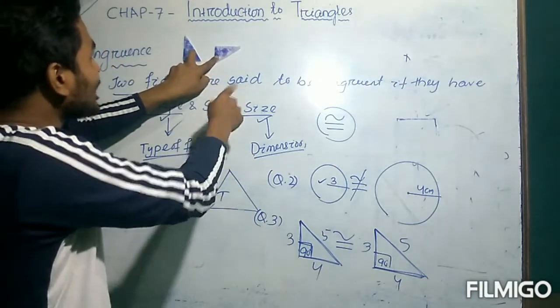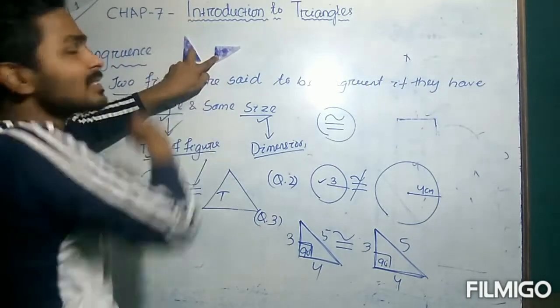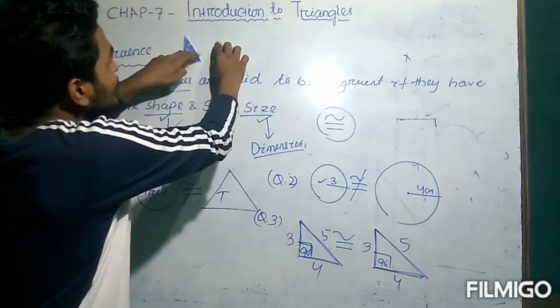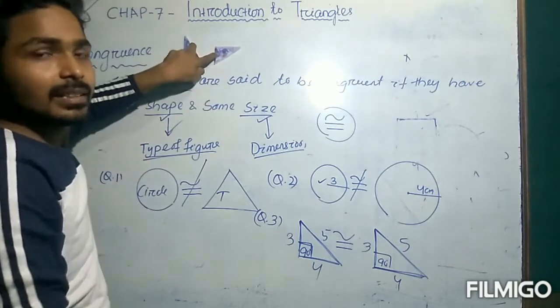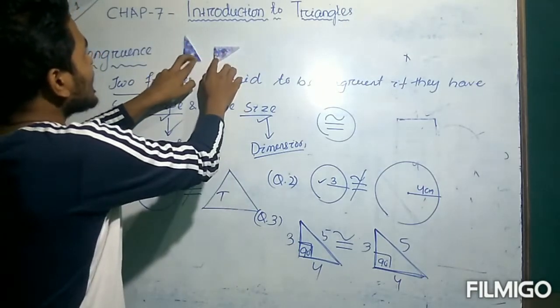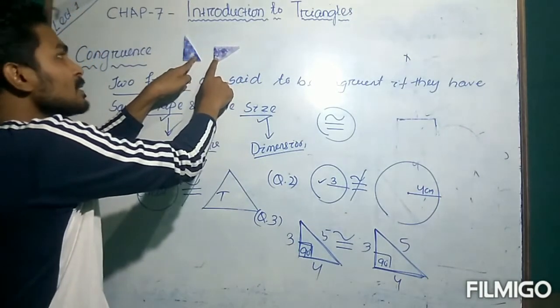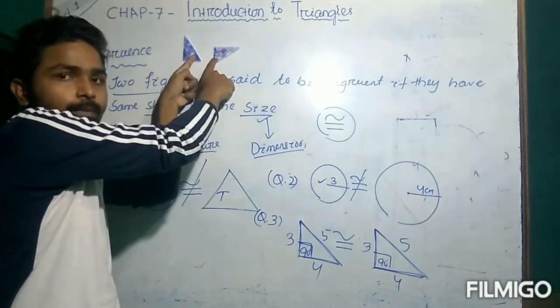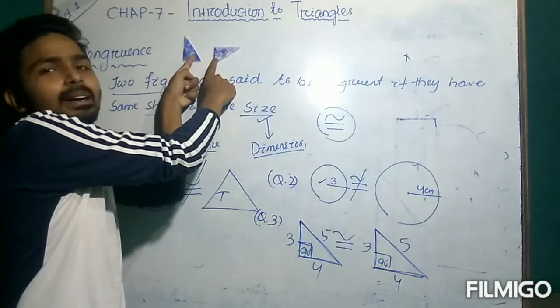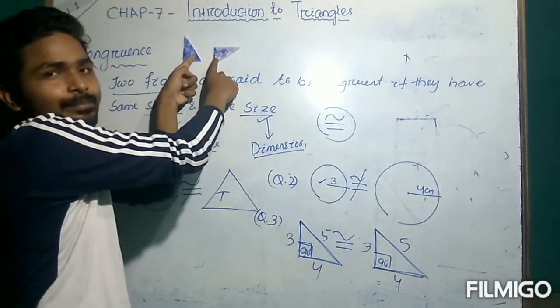Since it seems that this side is the longer side, but this side is smaller. This base is smaller, but here it is very large. Yes or no? So literally these two figures seem to be not congruent, because though these two have the same shape, though they are triangles, they do not have the same size.